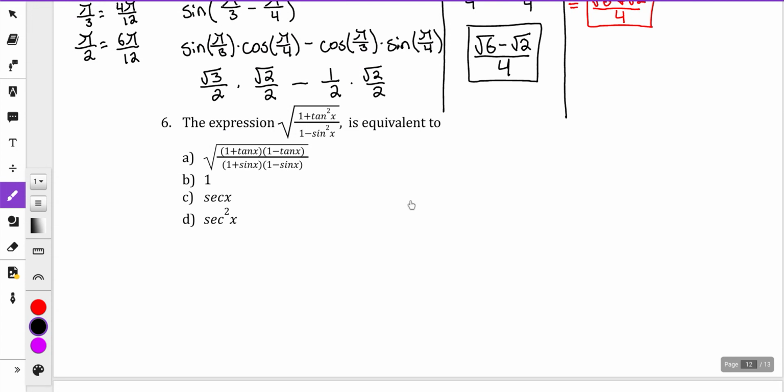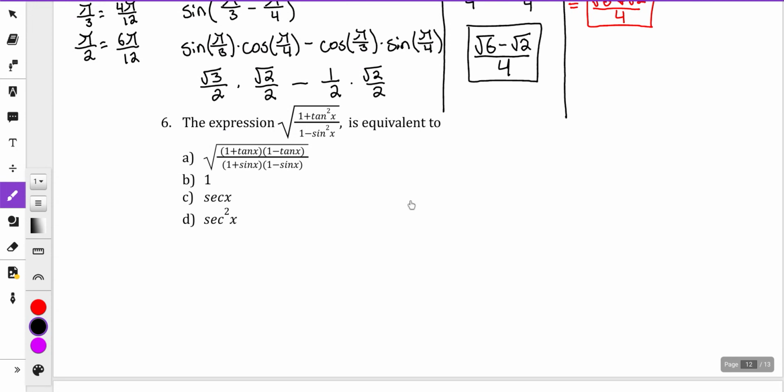What most people would want to do is square root everything: square root the 1, square root the tan squared, square root the 1, square root the sine squared, which is actually no bueno. That's just not how roots work. You can't just distribute it into everything like that.